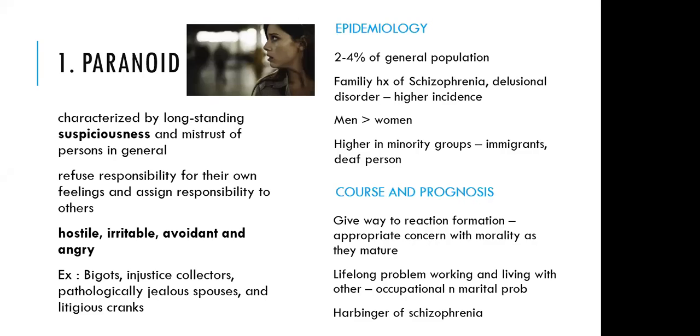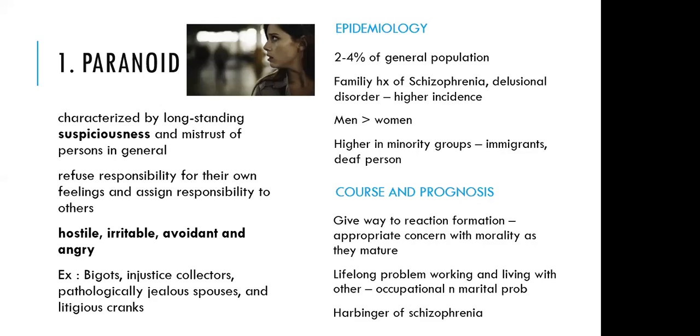And next, for the epidemiology, the data suggests that paranoid personality disorder comprises 2 to 4% of the general population, and relatives of patients with schizophrenia show a higher incidence of paranoid personality disorder. In fact, research suggests that paranoid personality disorder lies within the schizophrenia spectrum. It has a higher prevalence in men compared to women, and is higher in minority groups like immigrants and deaf persons.